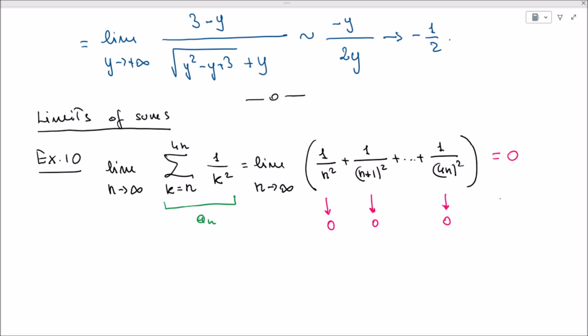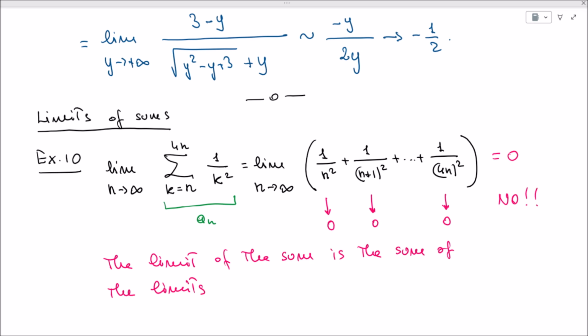No, this is totally wrong. This is not the way of doing this. And the reason is that the limit of the sum is the sum of the limits only if the number of terms that we are adding is fixed.